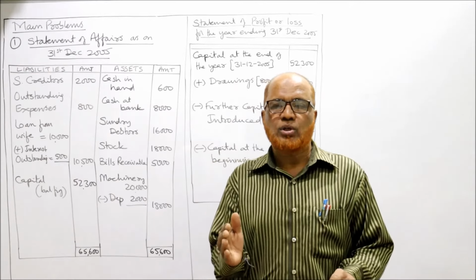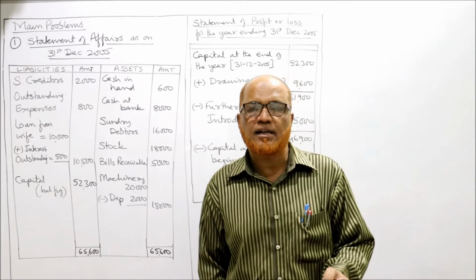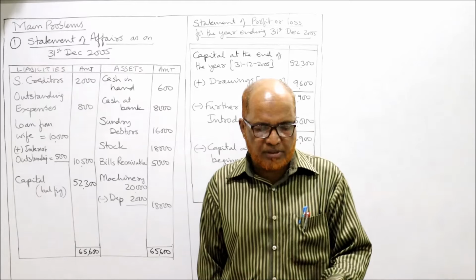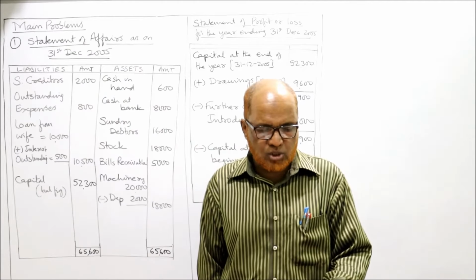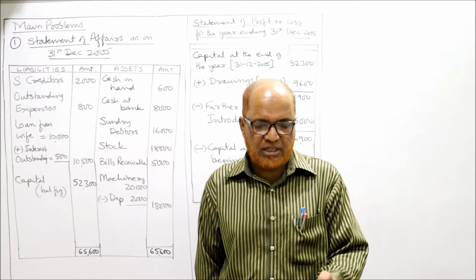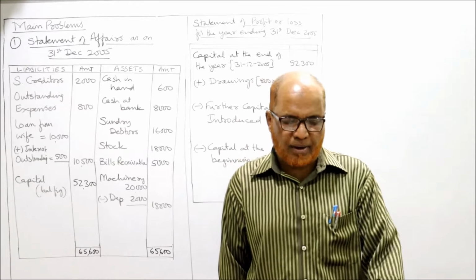His assets and liabilities are given: cash in hand 600, cash at bank 8,000, sundry debtors 16,000, stock 18,000, bills receivable 5,000, sundry creditors 2,000, outstanding expense 800. Machinery is to be depreciated by 10%. Ascertain the profit or loss made by Verma.